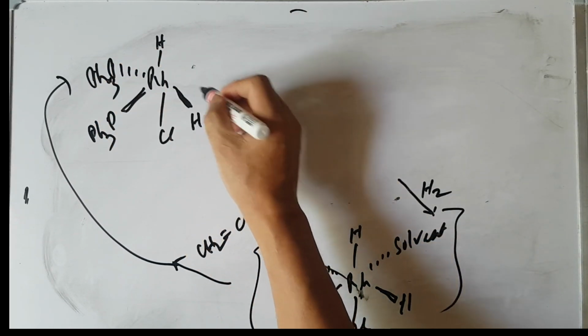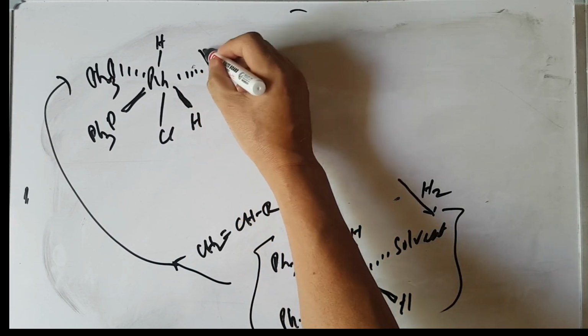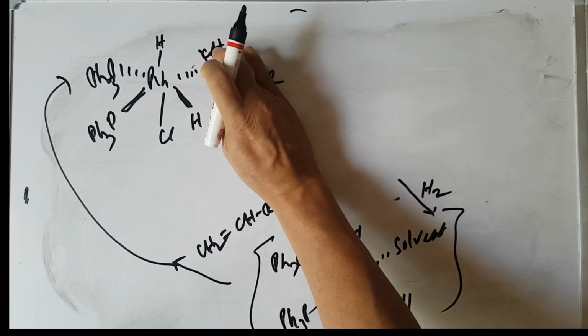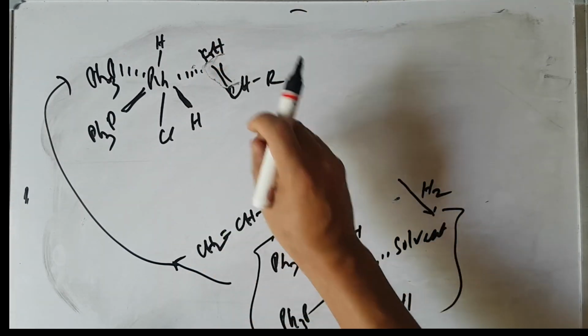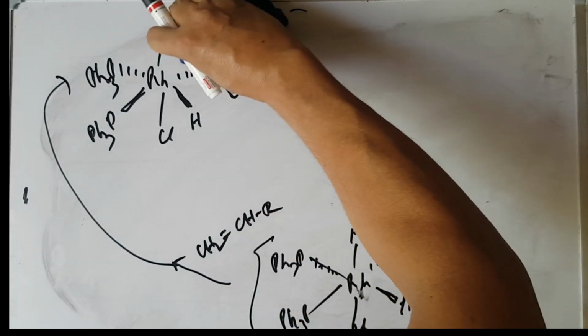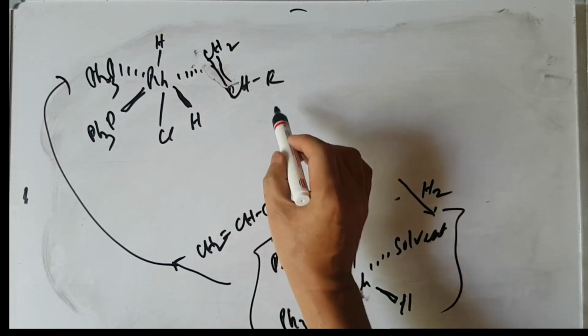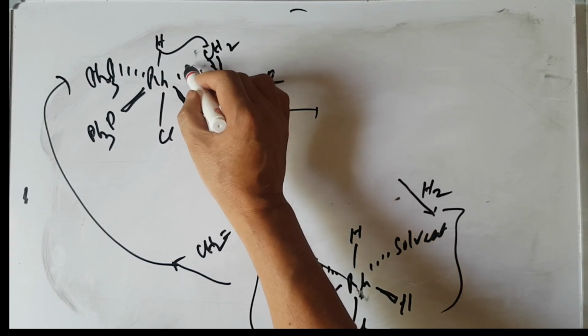Then there is hydrogen and the organic CHR. Instead of the solvent, which you knock out, the olefinic compound links through its pi bond, CH2. Then hydrogen transfer occurs here.